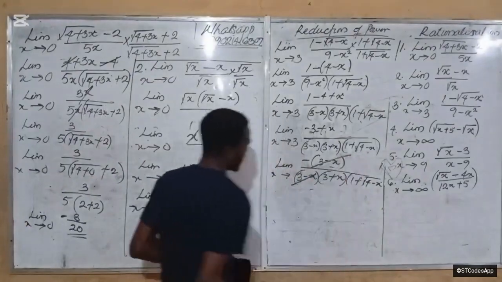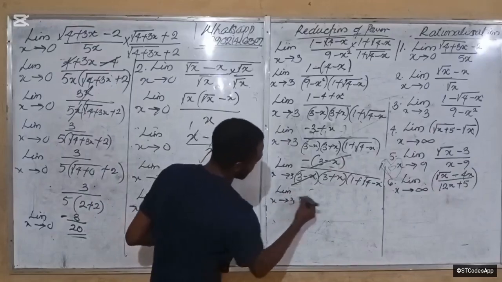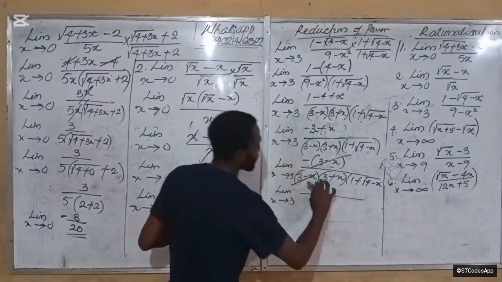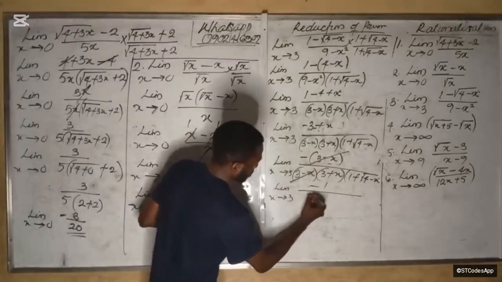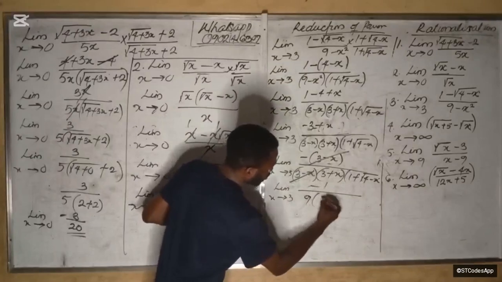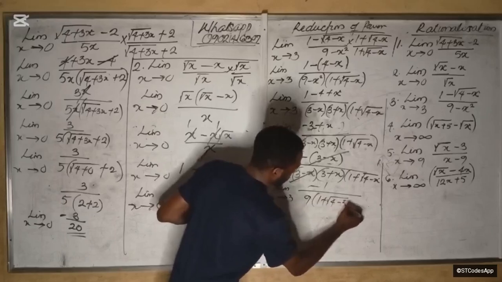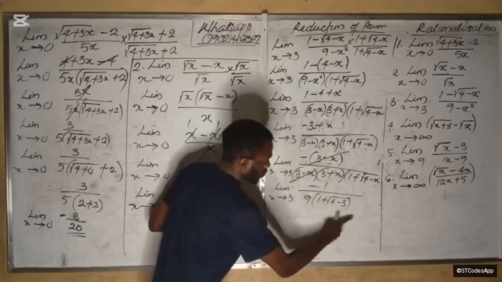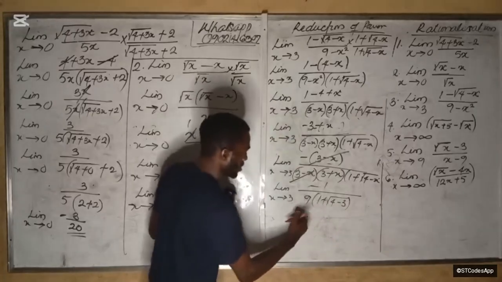So you do this, and then you have the limit as x approaches 3 of minus 1 over 3 plus 3. We substitute 3 into that. By the time we substitute 3 into that, it gives us 9 into bracket 1 plus the square root of 4 minus 3. So 4 minus 3 is 1. 1 plus 1 is 2. 2 times 9 is 18.